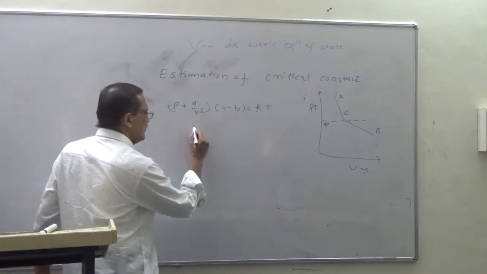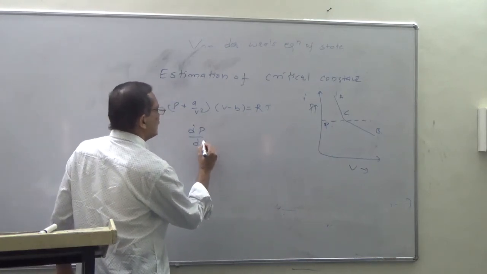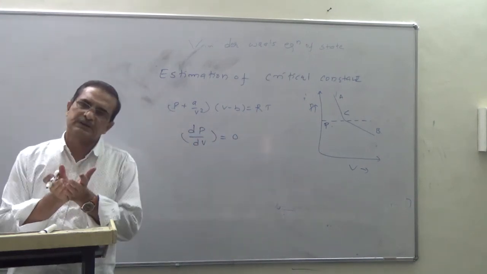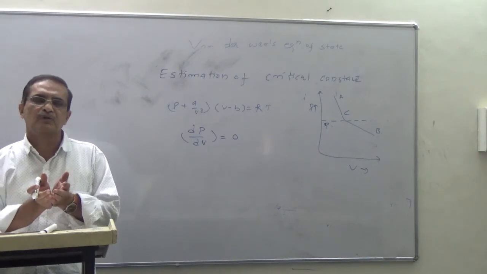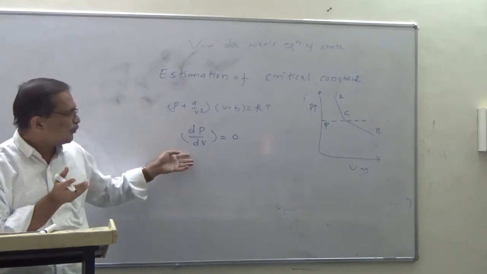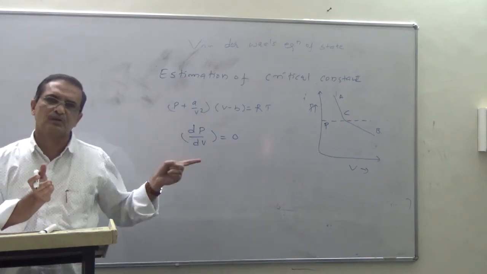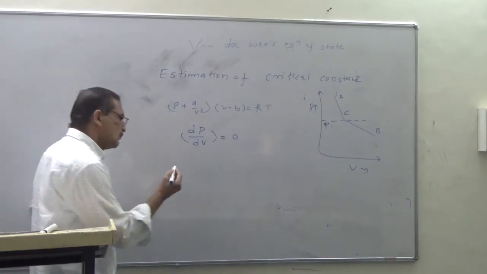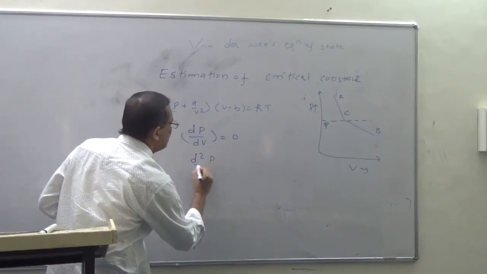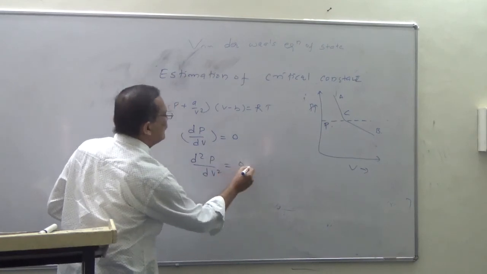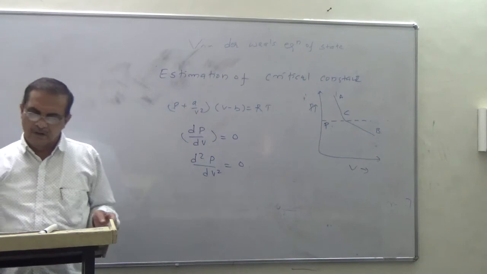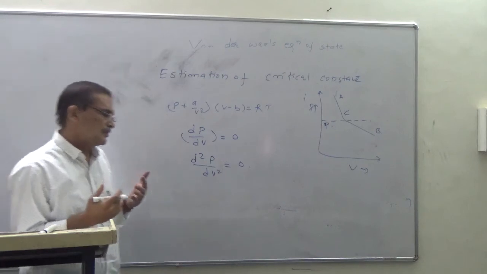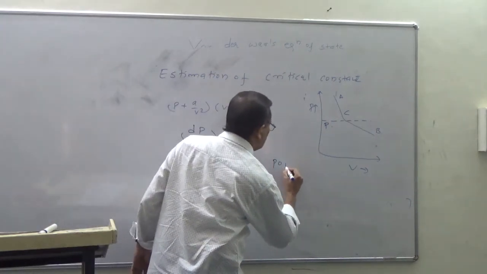So we can say dP/dV is 0, because the derivative of a constant is 0 and at this point the pressure remains constant. Again its double derivative, d²P/dV², is also 0. The point from where the curve starts to remain straight is called the point of inflection.